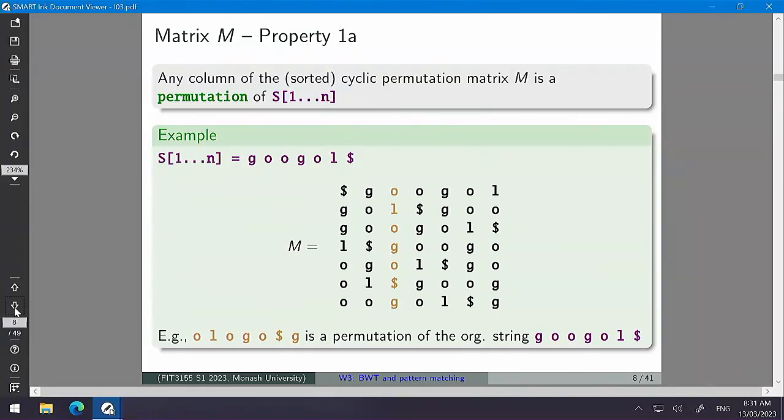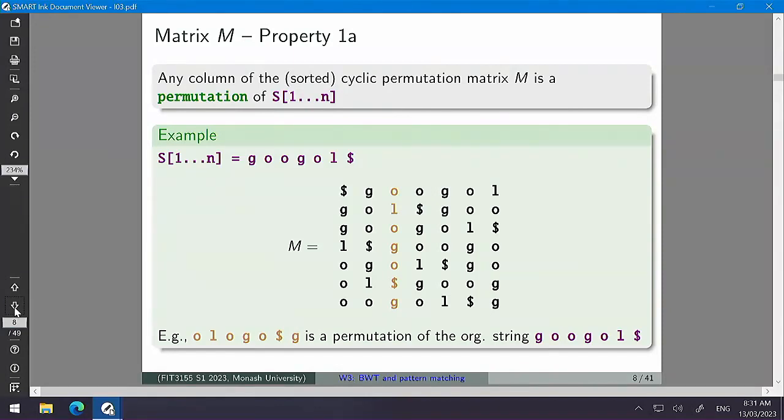But visually, if you look at the cyclic permutation matrix, whatever we saw in the previous slide, look at any column in that matrix. Do you agree that the letters in that column are some reordering of the letters in the original text? Any column will contain Google and $ in some order.